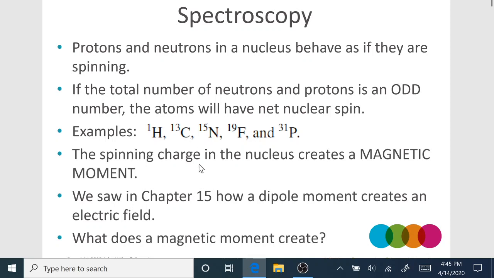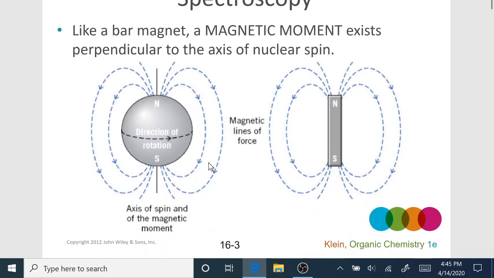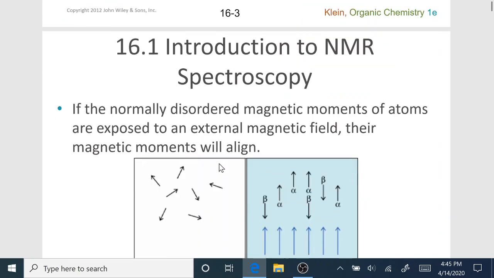Spinning charged particles create a magnetic field, and because they have a magnetic field, they can interact with an external magnetic field, and we can get some information from that. These nuclei will align themselves with an external magnetic field, either in the direction of the field or opposed to the direction of the field.